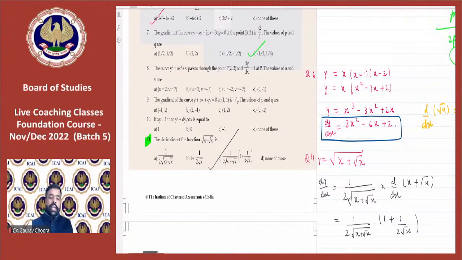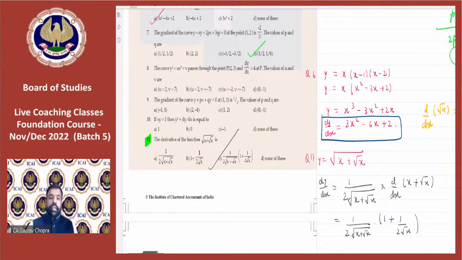So similar kind of questions are 8th and 9th. 8 says y square is equal to ux cube plus v, and this passes through one point, that is 2 comma 3. So value of x is 2 and value of y is 3, and dy by dx is equal to 4. So gradient is also given, and we simply have to calculate the value of u and v.